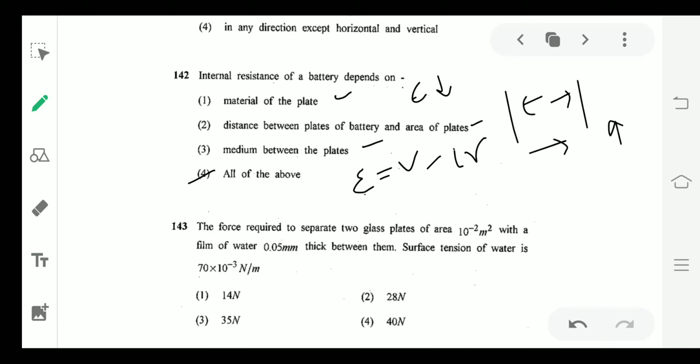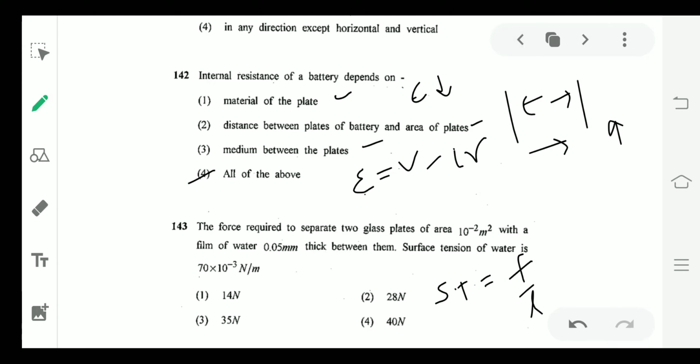The surface tension is equal to force upon length, meaning force per unit length is the surface tension. So there are glass plates, and we have to calculate the surface force required to separate the two glass plates of area 10 raised to power minus 2.